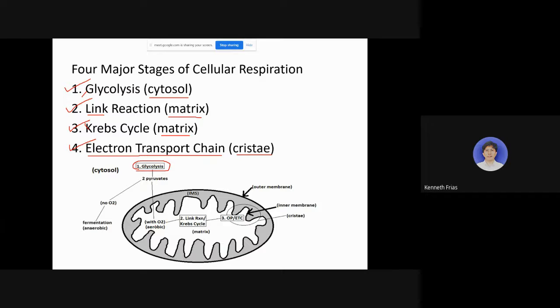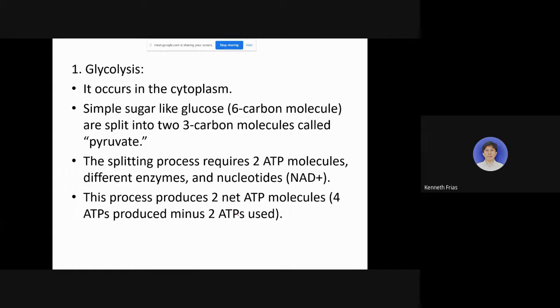Next is the link reaction together with the Krebs cycle, which happens in the matrix, and then in the cristae, or the folds of the inner membrane, is where the electron transport chain happens.